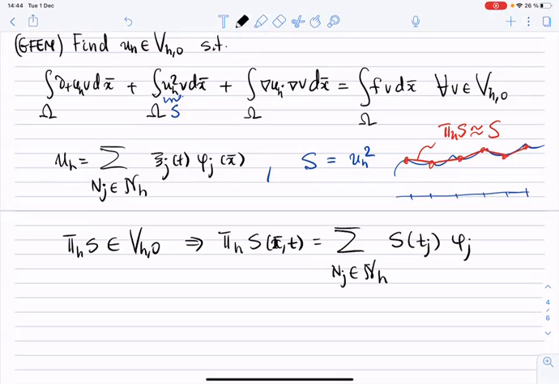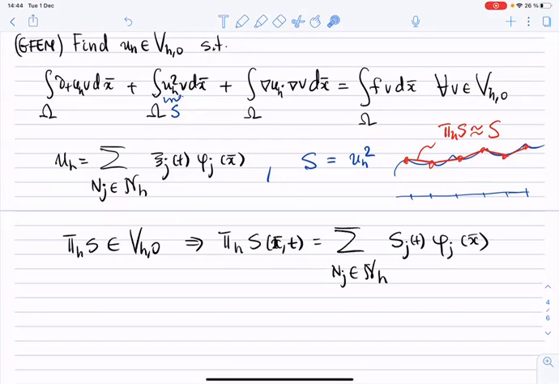So let me just make it a little bit clear, because S depends on, so let me just call this Sj, and phi j(x), so obviously Sj. I want to take it depending on time, because the left-hand side is a function of space and time.